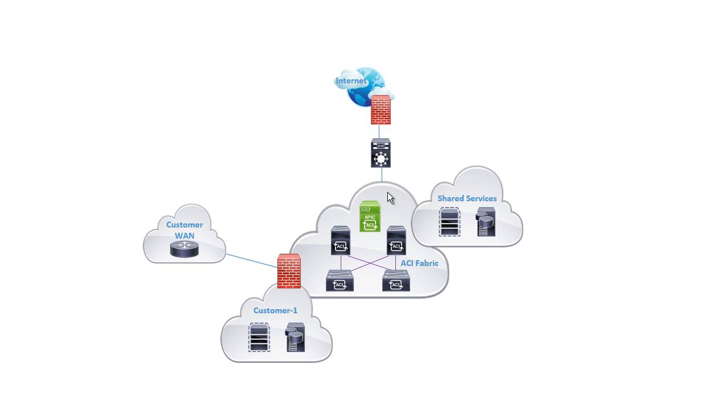Then we're going to have some internet access outbound, northbound here. That internet access is going to be provided to each customer as well as the shared services that are connected into the ACI fabric.